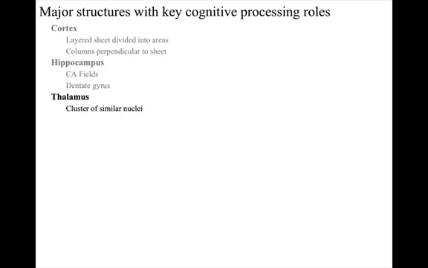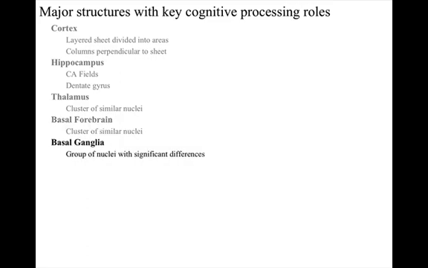The thalamus is a nucleus, and within the thalamus there are a number of smaller nuclei, and almost all these subnuclei have very similar neurons that are quite different from cortical neurons. The basal forebrain is also a group of similar nuclei with more different types of neurons than the thalamus.